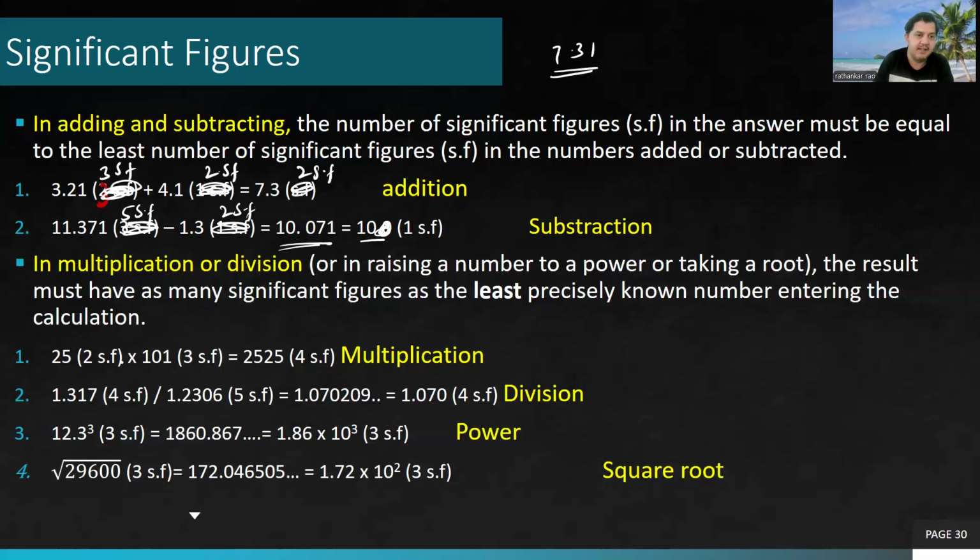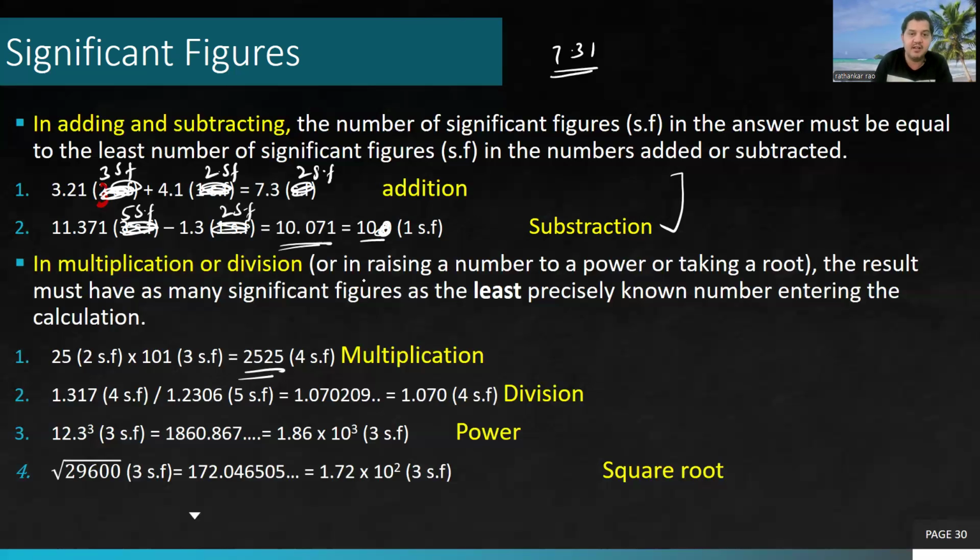Right? Then in multiplication or division, so this applies for addition and subtraction. Or in raising to a power, you have something like this. Let us say 25 will have two significant figures, 10 will have three significant figures. When you multiply this, you get this value over here, which is 25 into 25, which is four significant figures here. Why do you do it?